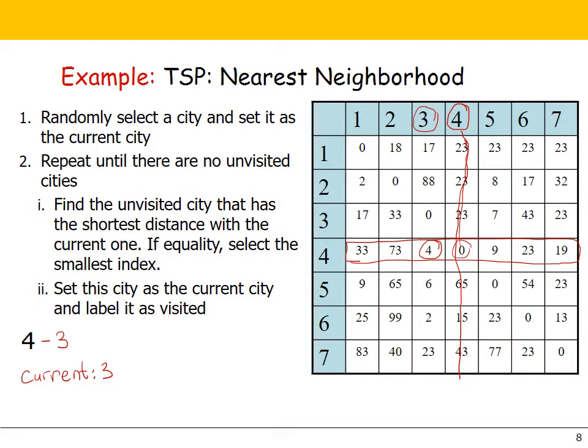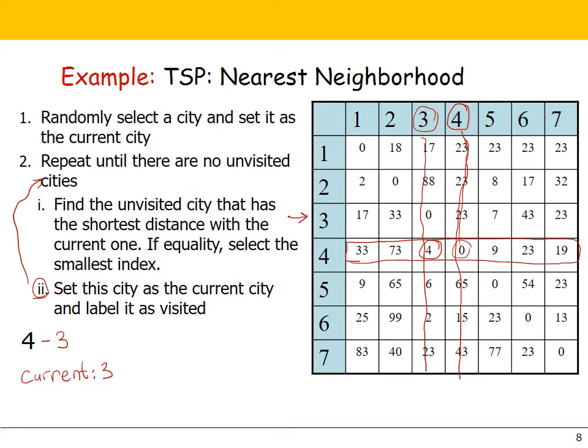Now we finished this second case, and we will return back. There are still unvisited cities, so we just visited 3 and 4. We are currently at 3. Let me put an arrow here. So we are currently here, and it says to find the minimum unvisited city.